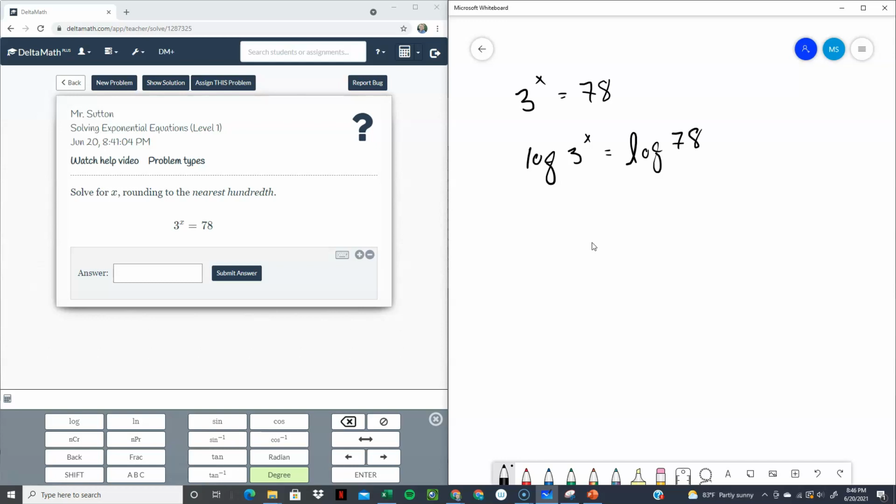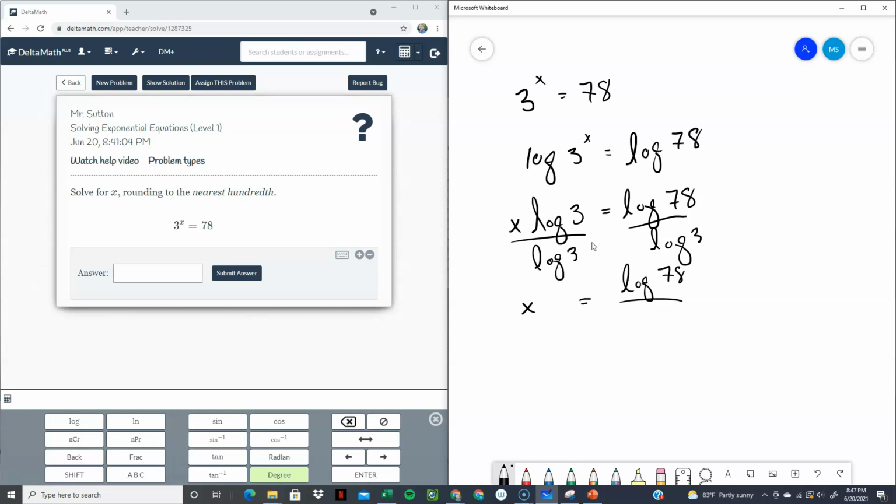So the way we do that is we move this x out in front, turn it into multiplication using our log rules. And then to get x by itself, we can divide by log 3 on both sides. And we get x equals log 78 over log 3, which we can type into our calculator.